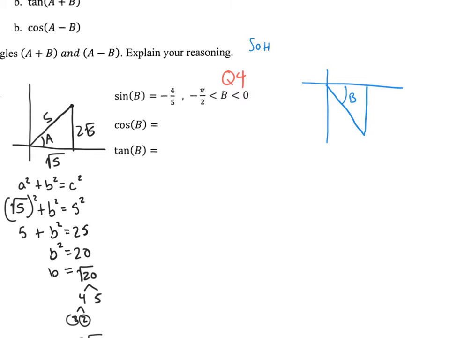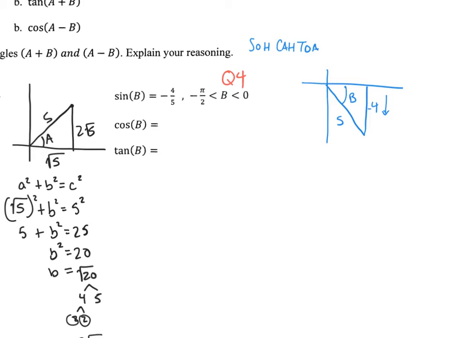And y'all, when I'm using SOHCAHTOA, I hope you remember that. So the sine, the opposite side, is going to be 4, and the hypotenuse is going to be 5. That's going to be a negative 4 since we're in quadrant 4, and we are going down 4.